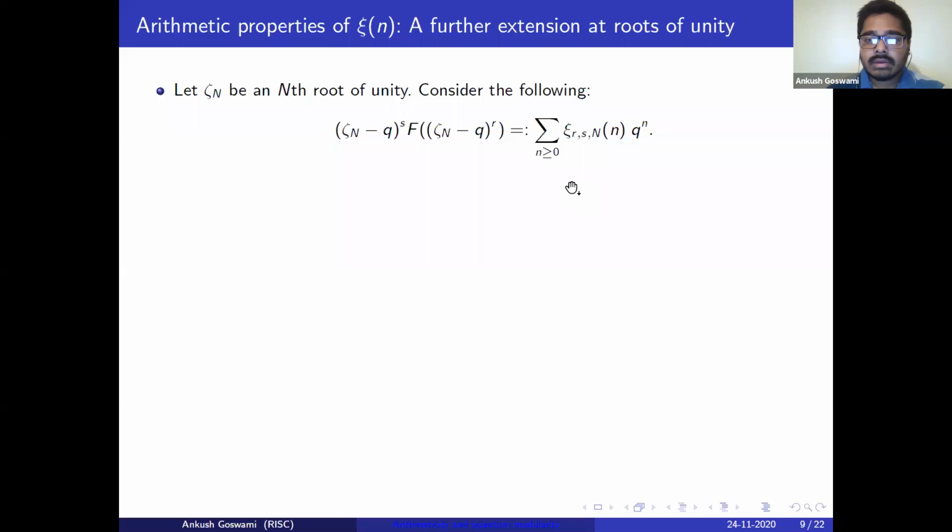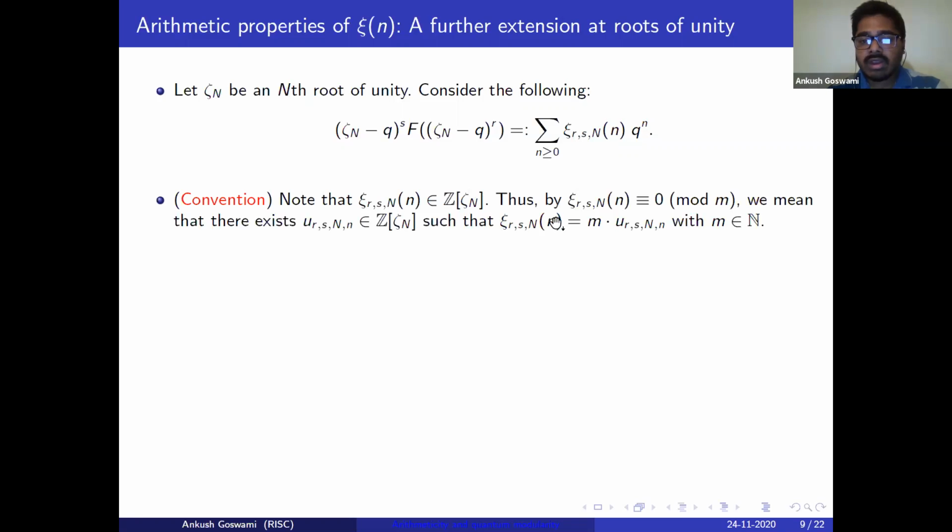And then I would like to see if there are any congruences for this coefficient xi r s capital N of n. But before I state the result, we have to note that this xi may not be an integer, but they are in the cyclotomic ring of integers.